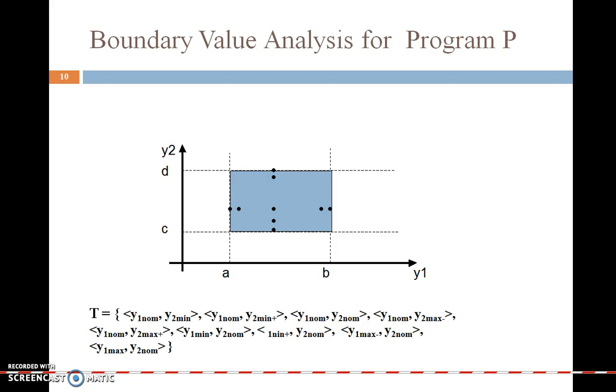I'll keep my y1 at the nominal value and vary y2 with all 5 input values, that is maximum, max minus, nominal, min plus, and min. Similarly, I'll keep my y2 at the nominal and vary y1. This is the single fault assumption.